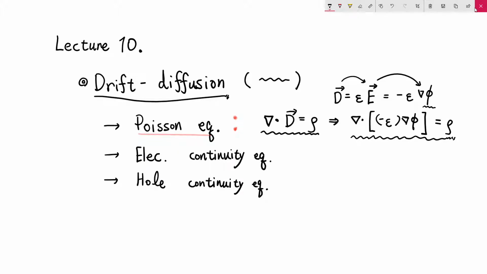Think about this: you are just solving a gallium arsenide sample or just a silicon sample. In that case, you don't have any oxide or any insulator in it, so epsilon can be considered a constant. Only when we can assume a constant epsilon can the equation be reformulated in this way.